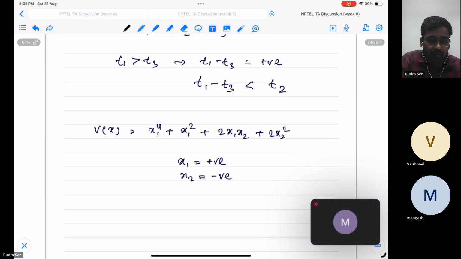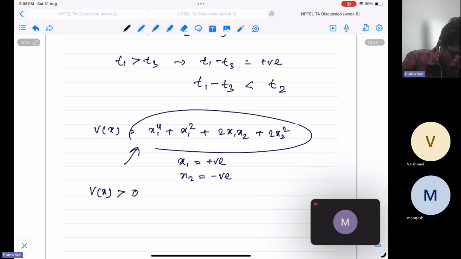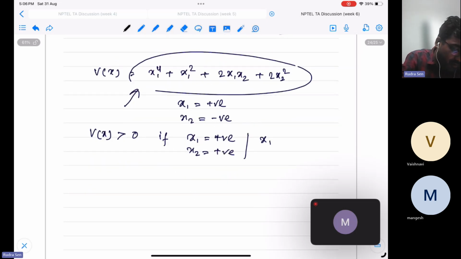In that case, you can't say completely whether the whole term is positive definite or not. This V of x is always greater than 0 if x1 is positive and x2 is positive, or if x1 is negative and x2 is negative. Then this is the positive definite function, right?